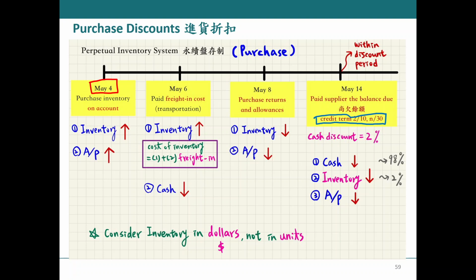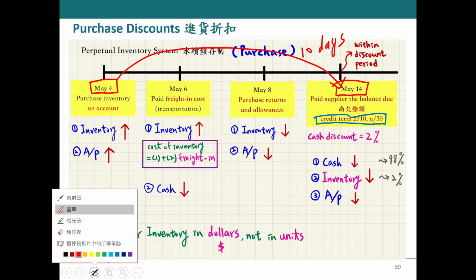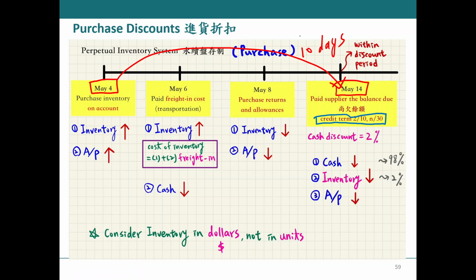So is it within 10 days? Yes. That's the first thing you have to figure out: did you pay the money within 10 days? Based on that, you find out you paid within 10 days, so you got the cash discount.